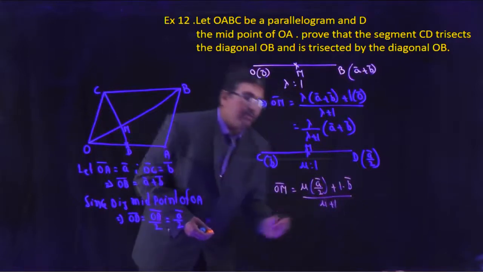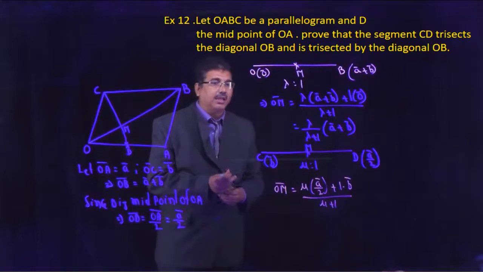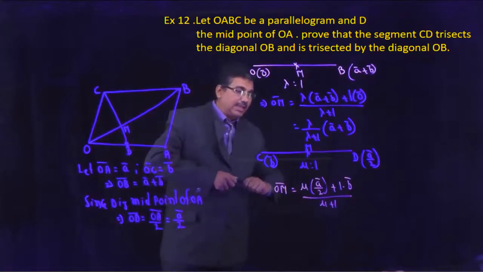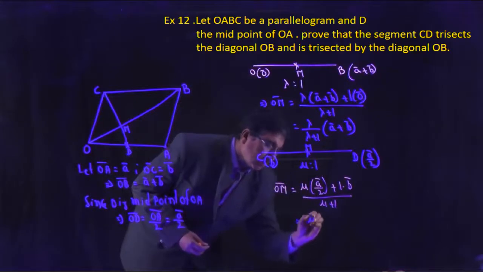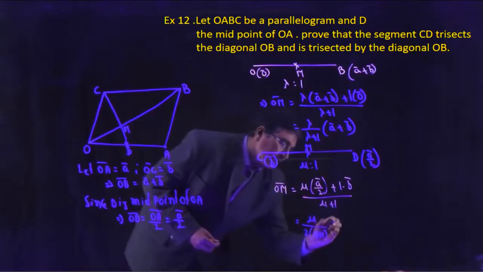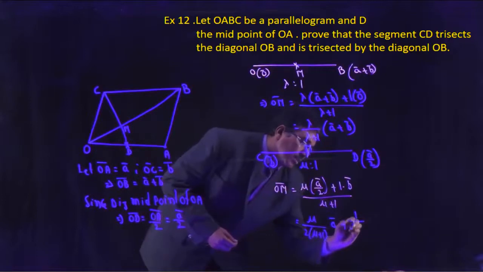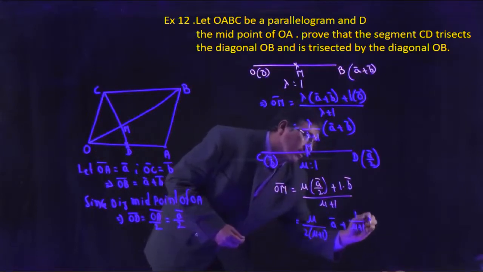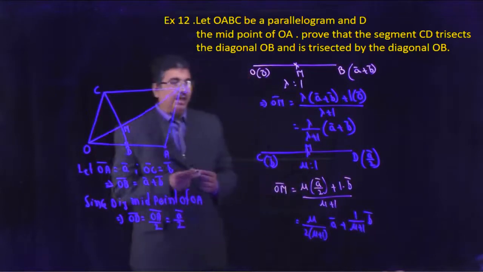OD bar means A bar by 2. That is OM bar, right? Now that is equal to mu divided by 2 times mu plus 1 into A bar plus 1 by mu plus 1 into B bar, right?